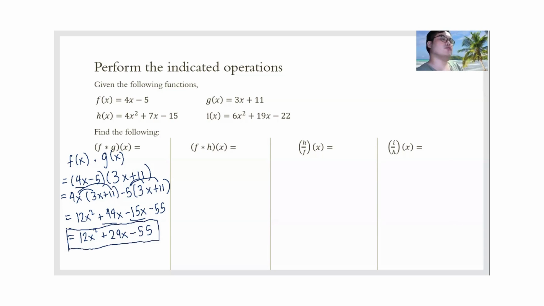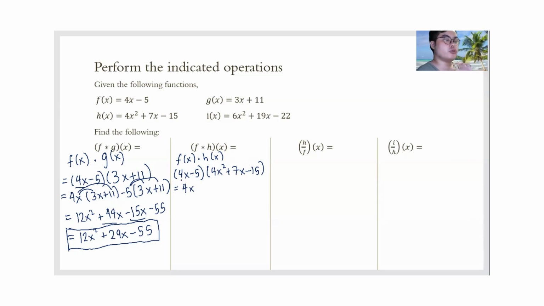Okay, so for f times h of x, we're going to use the h of x instead of g of x. So our f of x is 4x minus 5 times 4x squared plus 7x minus 15. We're going to use the same method, which is the multi-distributive method.